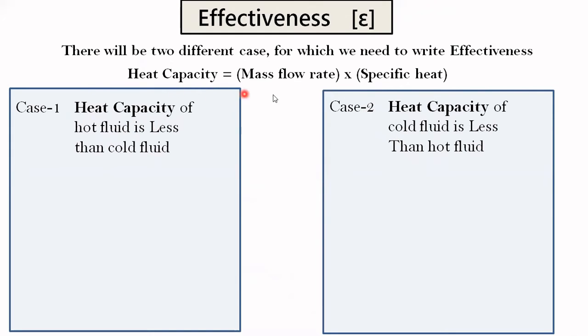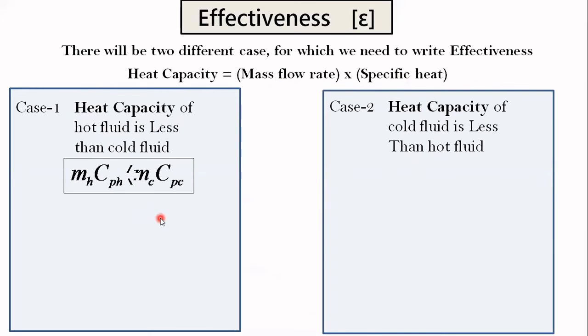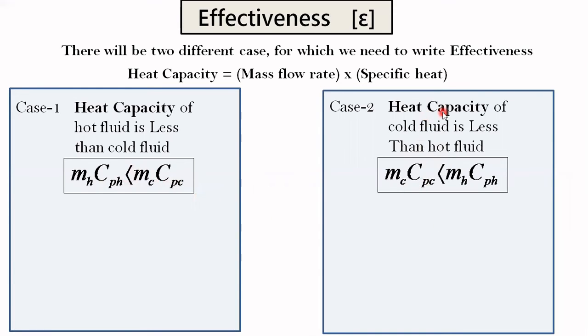And we know heat capacity is the product of mass flow rate and specific heat. So in the first case, mh Cph, that is the heat capacity of the hot fluid, is less than the heat capacity of the cold fluid. So mh Cph is less than mc Cpc. And in the second case, the heat capacity of the cold fluid is less, meaning mc Cpc is less than mh Cph.